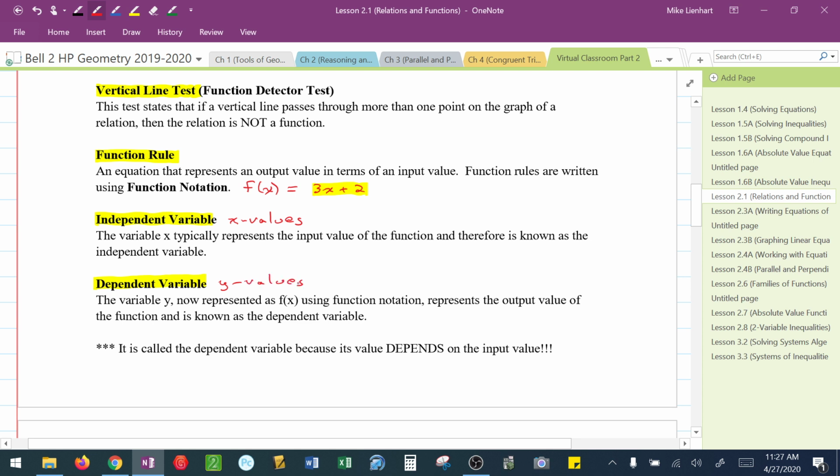The way that I remember it, it's dependent because it depends on the input to get that desired output. So I know that's a lot of terminology. Please use this as a reference. Go back and look this up. I'm telling you, in our first lesson in Algebra 2, you're going to be expected to have an idea of all of these terms, and then we're going to start building on them right away.